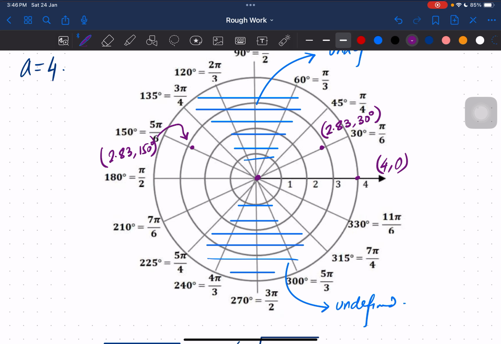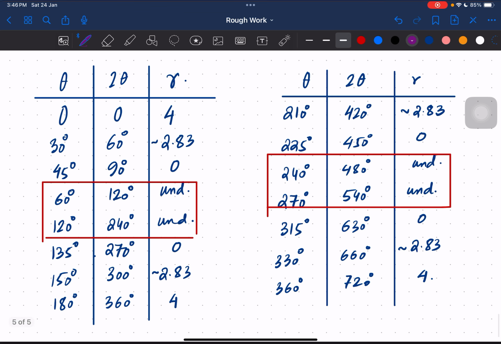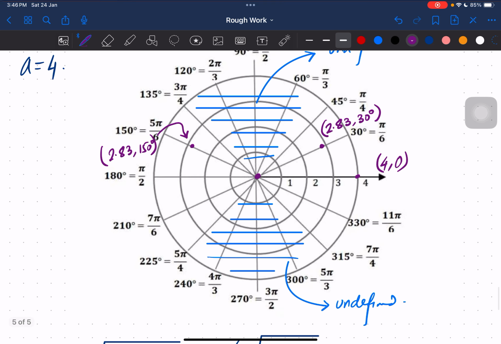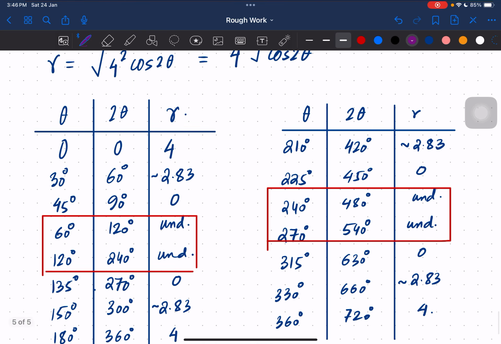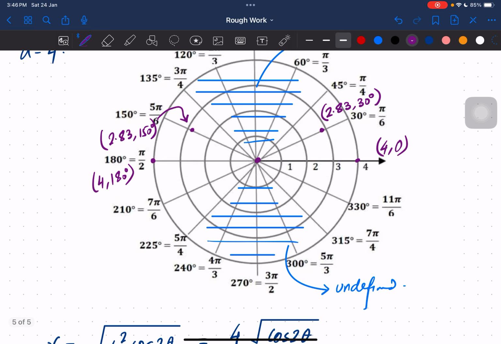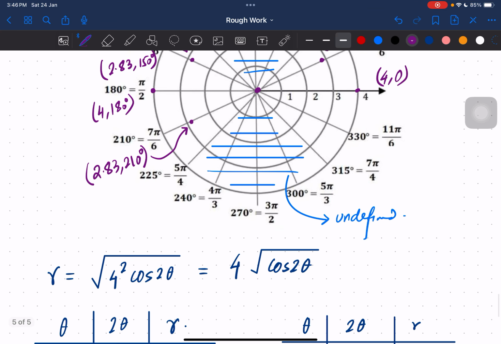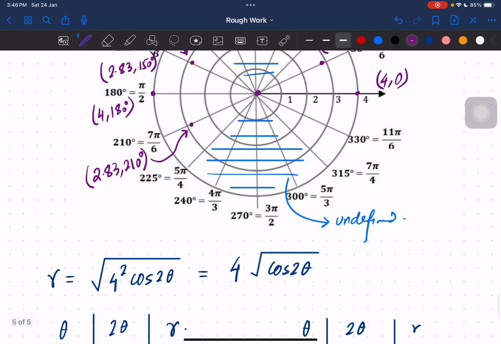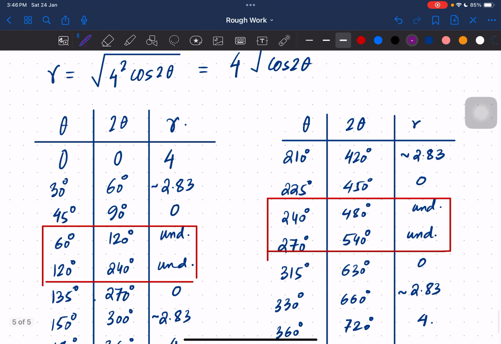Okay, then again at 180 degrees it is 4, so this point. Then we come back to 210, it is 2.83. Then again at 225 it is 0, and then again it goes to the undefined region.